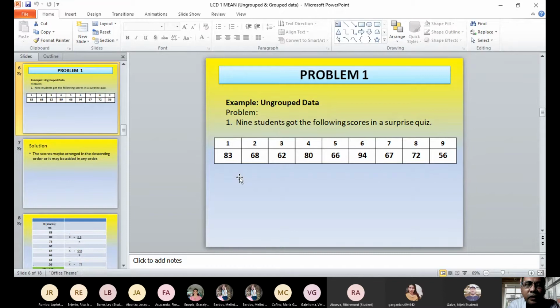What we are going to do is find the mean. Using the formula, you sum up these scores from 1 to 9, then divide by 9. There are 9 items. That is how to find the mean.